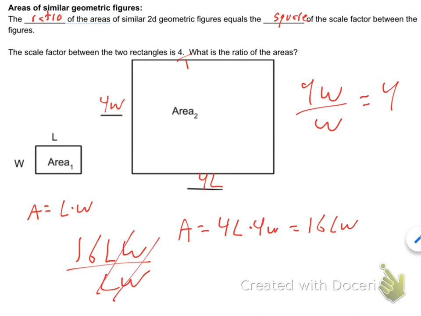What is the connection between 4 and 16? 16 is 4 times 4, which is 4 squared. If you know the scale factor between two objects and you want the ratio of the areas, it's just the square of the factor.